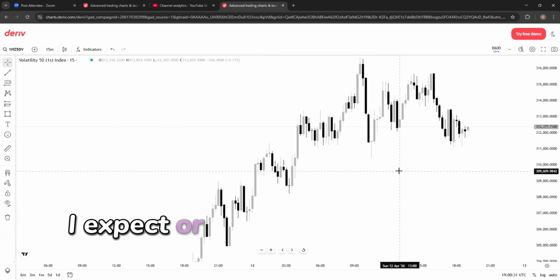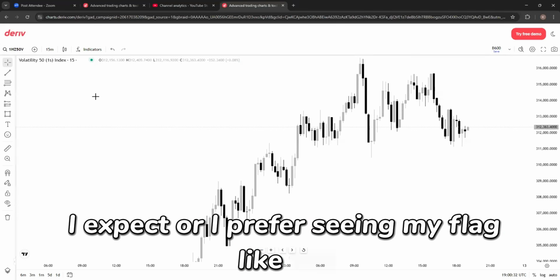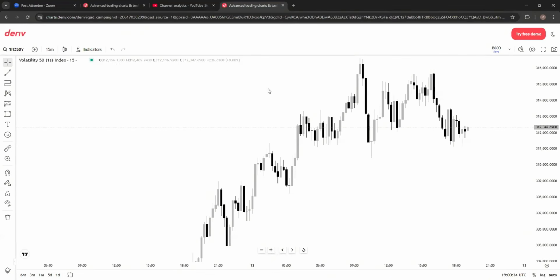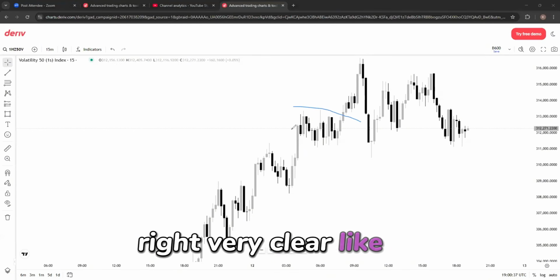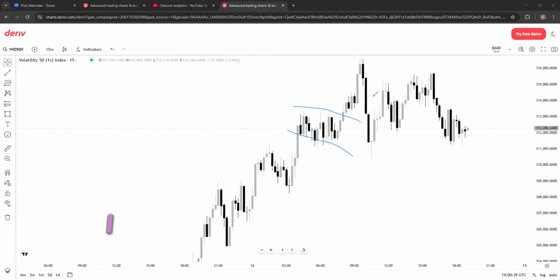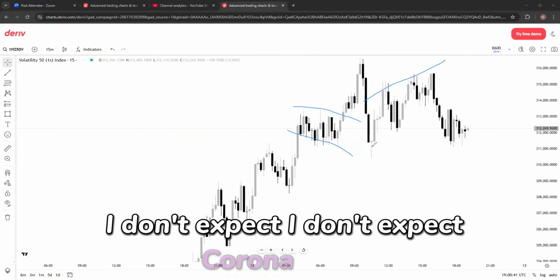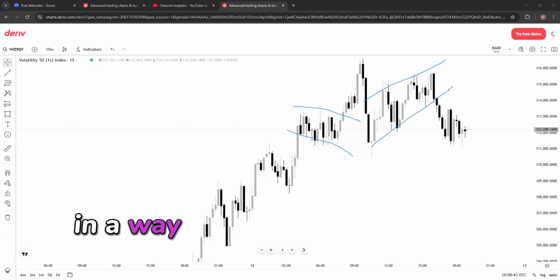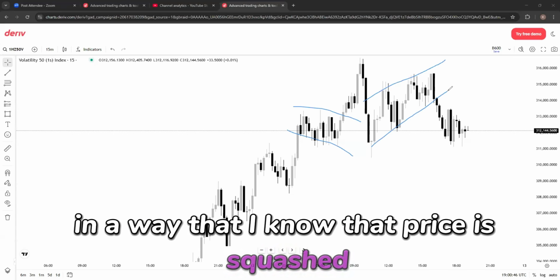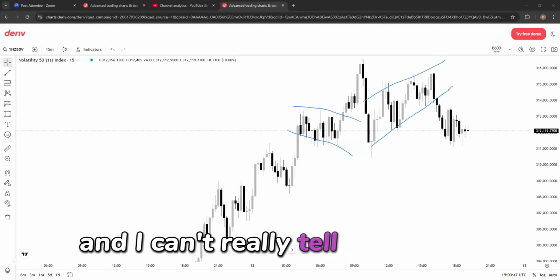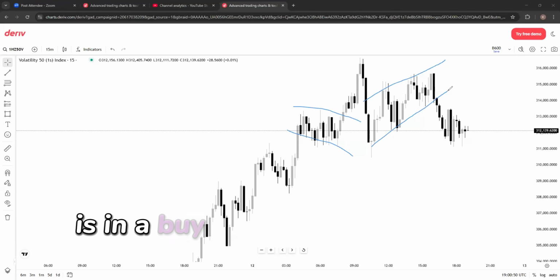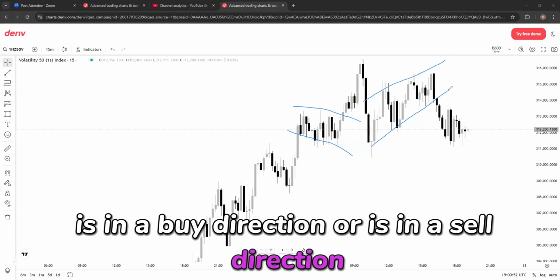I expect or I prefer seeing my flag like this. Right, very clear like this. I don't expect it in a way that I know that price is squashed and I can't really tell if my flag is in a buy direction or is in a sell direction.